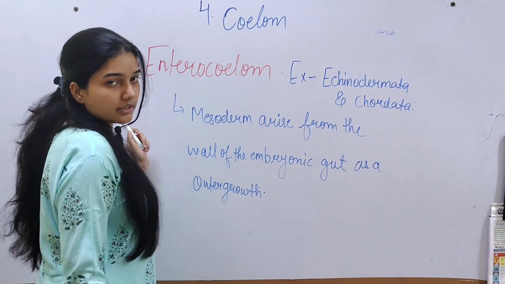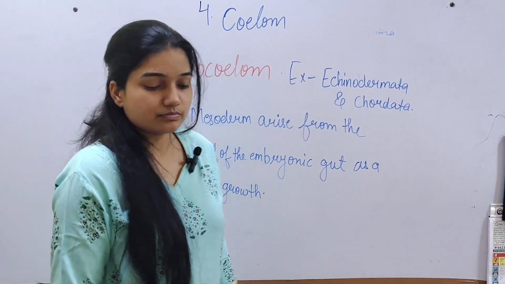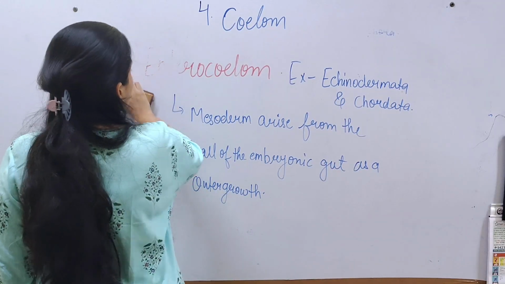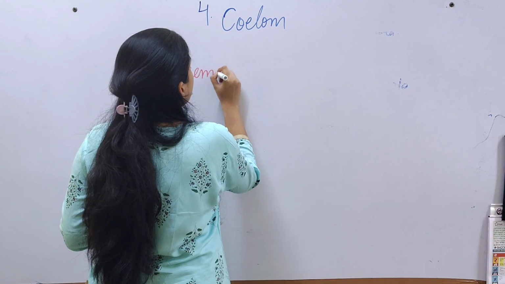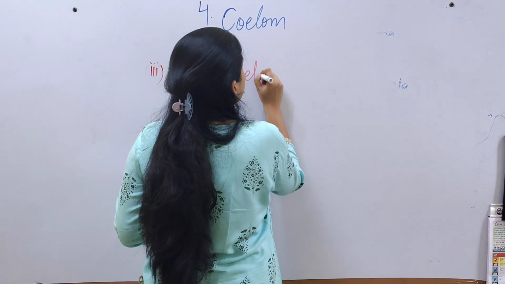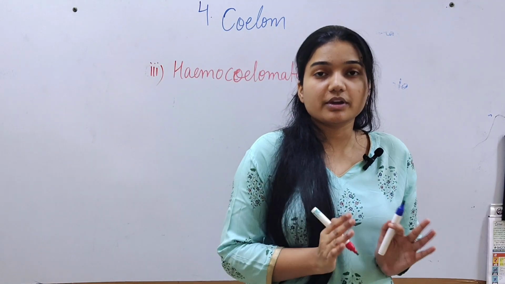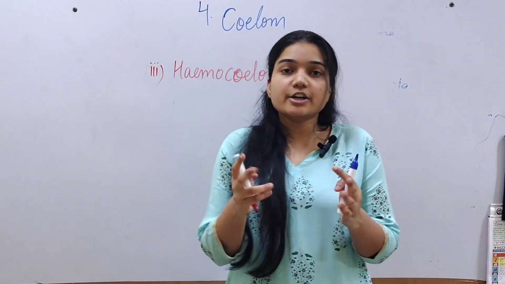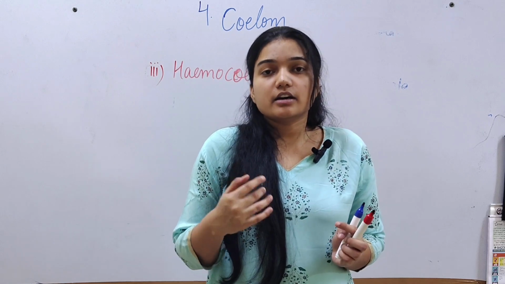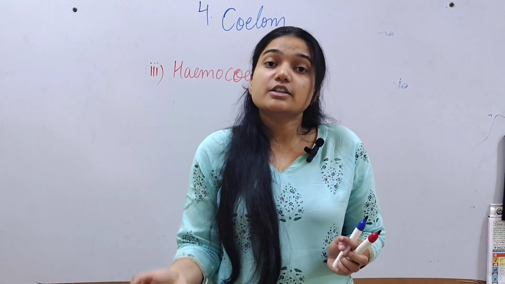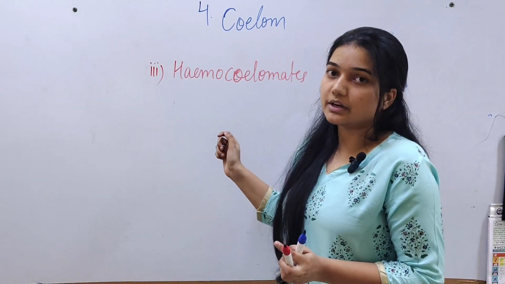Now I discuss the third type of coelom, which is hemocoelom, hemocoelomates. In this type of animal, the true coelom gets reduced, and the space left by the reduced coelom is filled by blood. So their name is hemocoelomate.